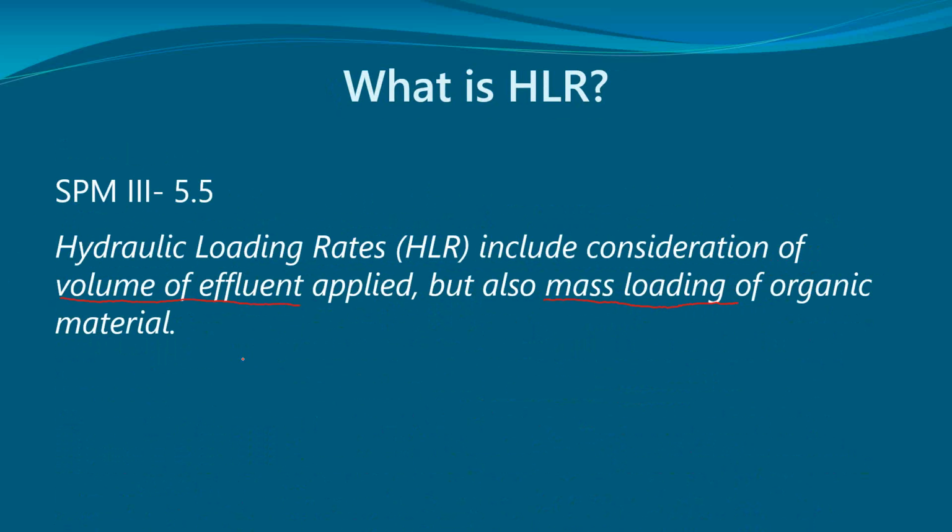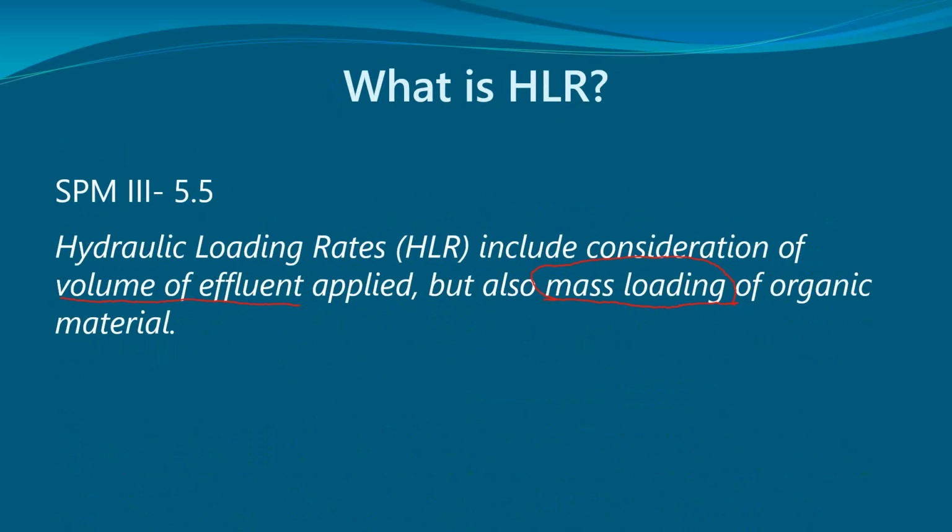So HLR standards were established to make sure that we're not overloading the hydraulic receiving capacity of the soil, and also with regard to long-term clogging effects, in other words, mass loading, so that over time, 30 years, perhaps more, we've made the thing big enough to handle the anticipated quantity of organic material. So that's how they came up with this stuff.